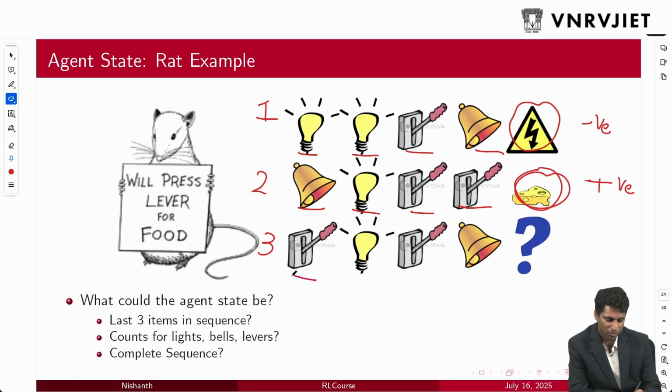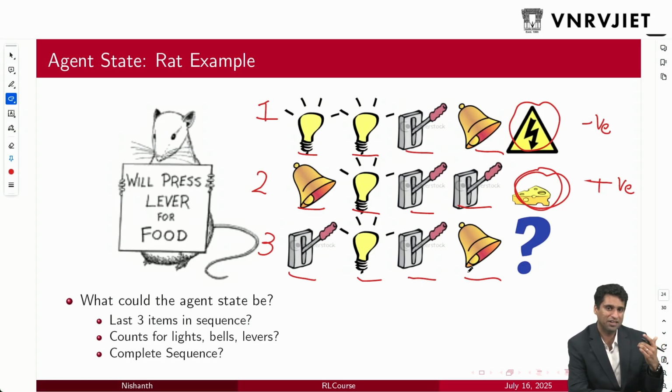And then it pulled the lever once, it got the light, it pulled the lever again, and it got a bell. Now, if the rat were to anticipate whether it will get a positive reward or a negative reward, it really depends on what state the agent chooses, or what state representation the rat has.